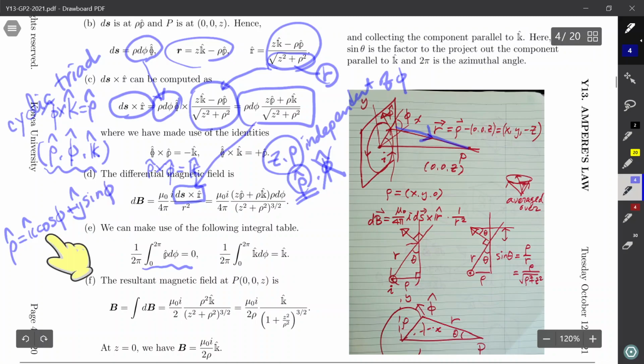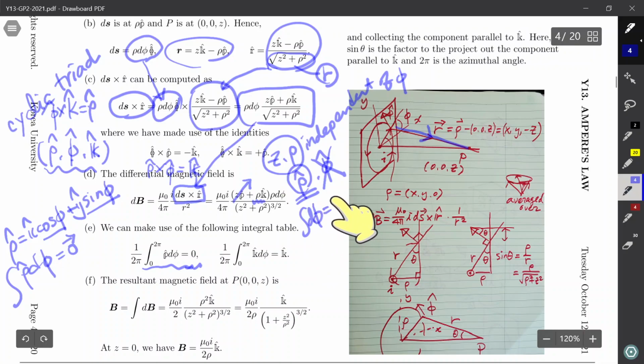If we integrate this one over phi, it equals 0. So the rho hat component vanishes, and only the k hat component survives. And k hat is independent of phi, so the integral of d phi is just 2 pi.